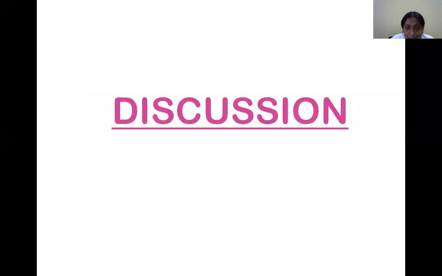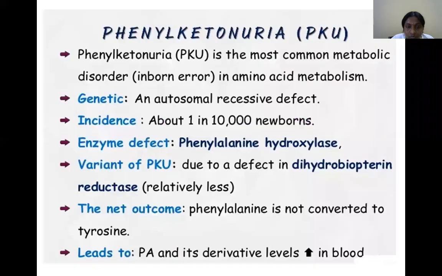Coming to the discussion part. Phenylketonuria is the most common metabolic disorder or inborn error in amino acid metabolism. Its genetic defect is autosomal recessive. Incidence: it occurs about 1 in 10,000 newborns. Mainly the enzyme defect is in phenylalanine hydroxylase.